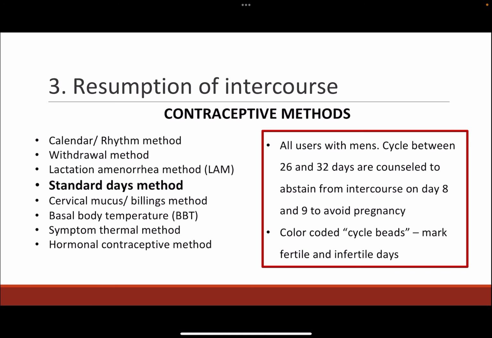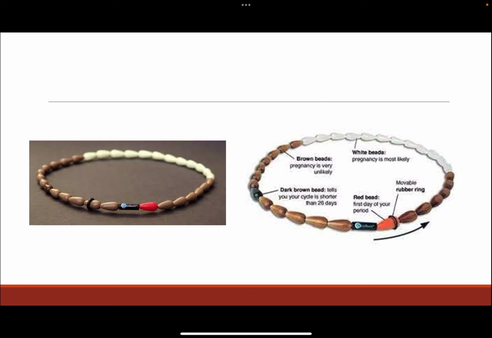So we have also the standard days method. All users with menstrual cycles between 26 and 32 days are counseled to abstain from intercourse on days 8 to 19 to avoid pregnancy. The color-coded cycle beads mark fertile and infertile days. The white beads mean pregnancy is most likely.